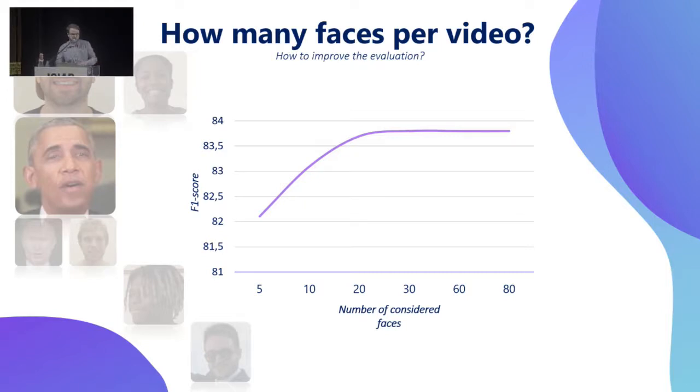Then we did the same with 10, 20, 30, and so on. We saw a curve where, after 25 to 30 faces for this type of video, the score starts to remain the same, up to 80, which is our last experiment. So this is the range that we detected during our experiments.